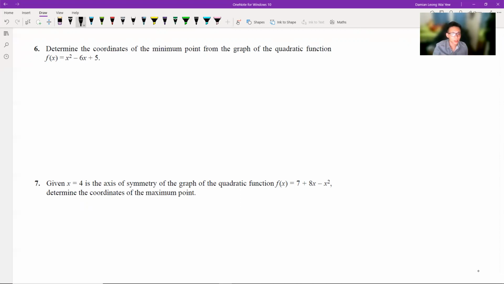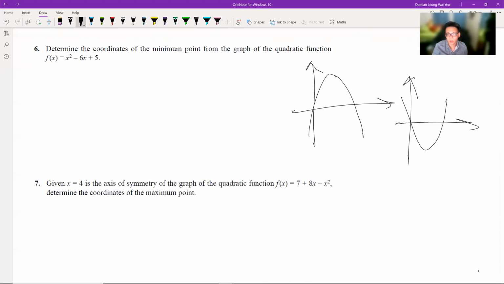For question 6, your minimum or maximum point for the graph will be at the axis of symmetry for the quadratic, whether it's a minimum graph or a maximum graph. When I cut right in the middle, it will always be at the maximum or minimum point.